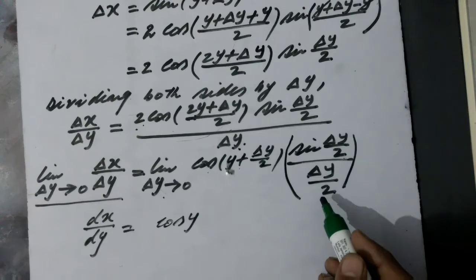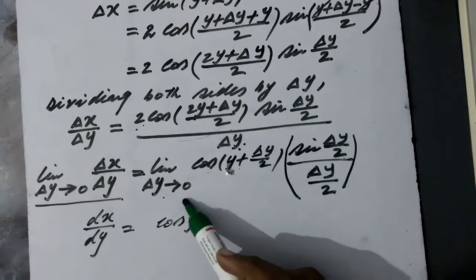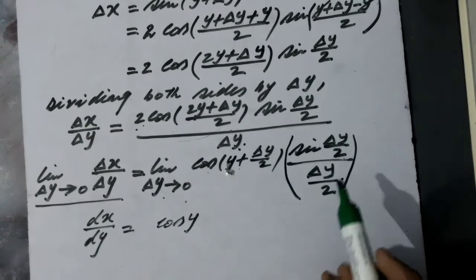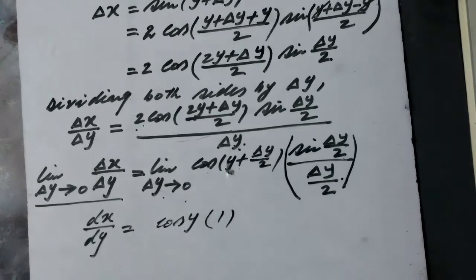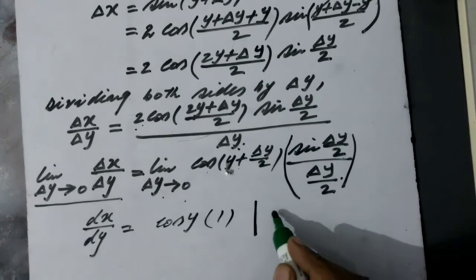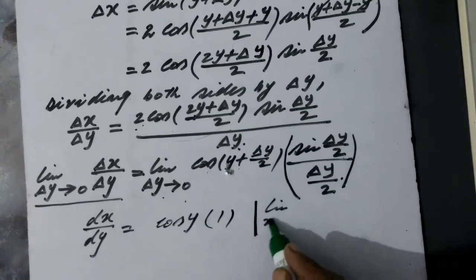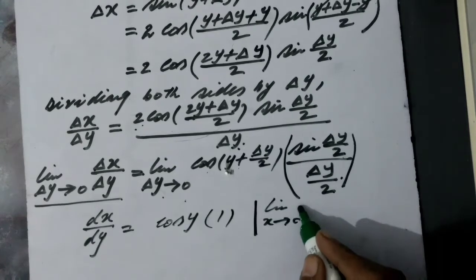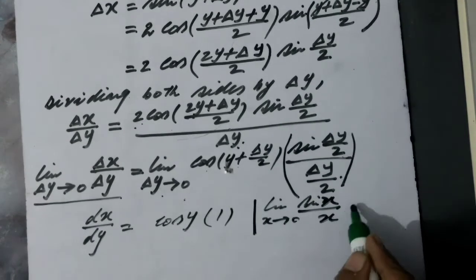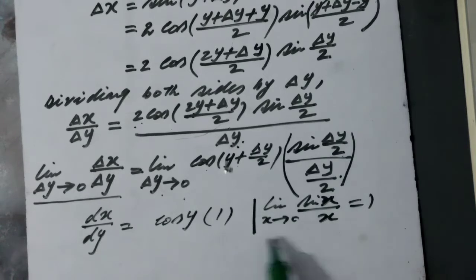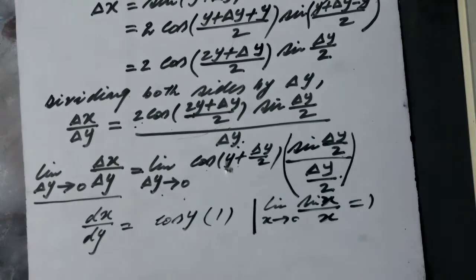So applying that limit, we may evaluate this limit as 1. The standard formula for limit is when x tends to 0, sin x upon x is equal to 1. So this standard limit we have used in this case. So we have 1 here.